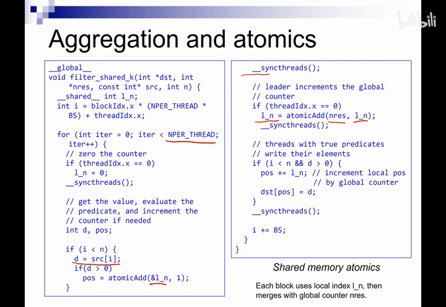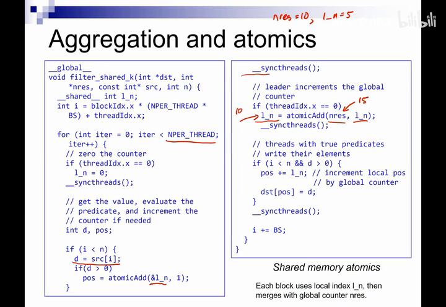For example, if nres currently is equal to 10, and ln here is 5, because we found a total of 5 positive elements, then after this atomic add, the leader gets back 10, but nres becomes equal to 15.